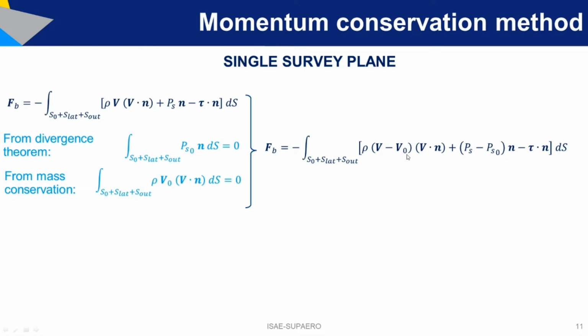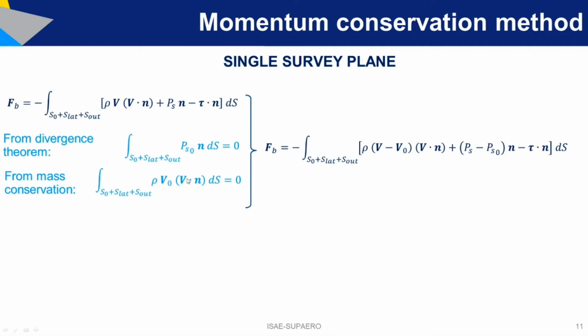And in the same manner, previously we had just the static pressure at each surface. Now, by introducing this equation here, we can change that, and instead of talking about the local static pressure, we can now talk about the changes of static pressure at each point lying at the external surfaces of the control volume.